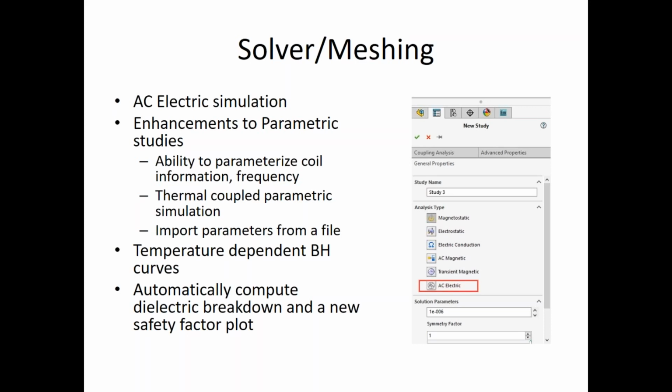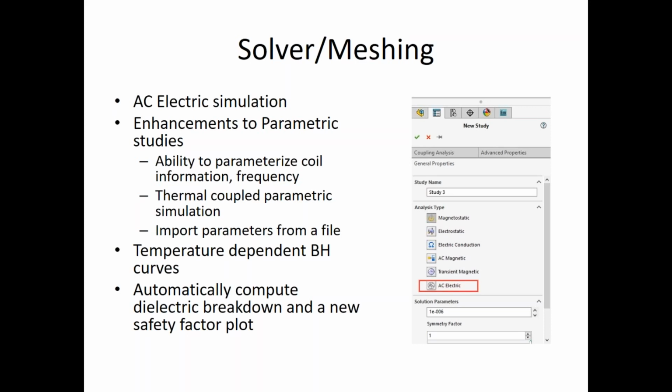As far as the materials are concerned, we've made some significant improvements. Now we support temperature dependent BH curves. Most BH curves for nonlinear steels are temperature dependent. So depending on the temperature of your operation, the BH curve is going to be different.